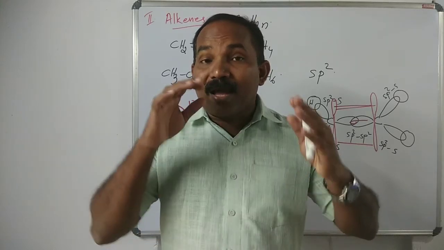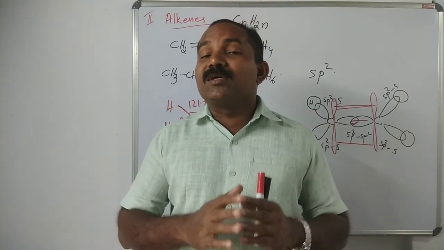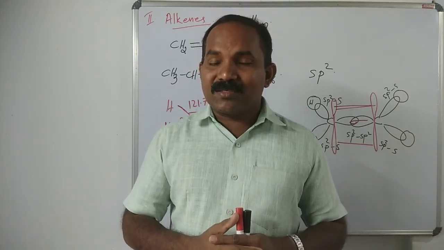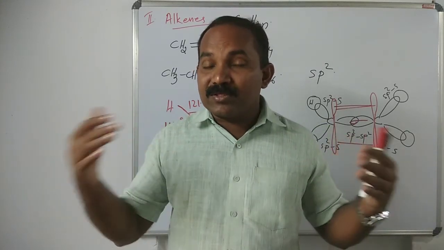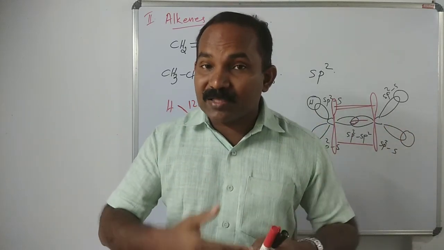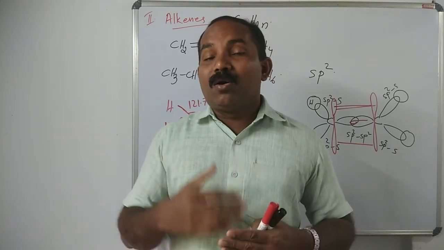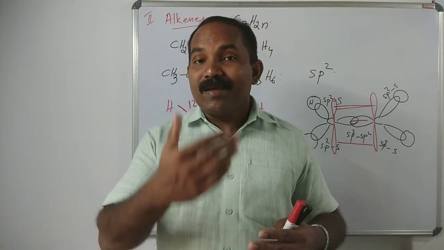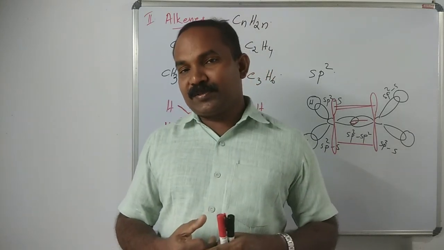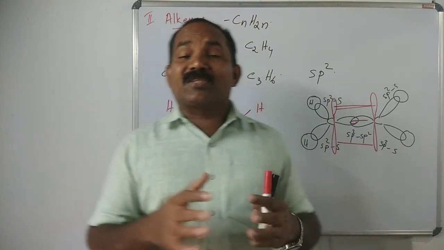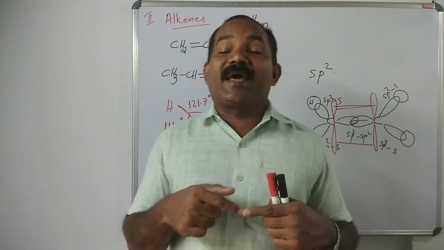In alkene, carbon atoms are sp2 hybridized. An sp2 hybridized carbon atom overlaps with the sp2 hybridized orbital of the other carbon. Also, the sp2 hybridized orbital of carbon overlaps with the s orbital of hydrogen. The structure is trigonal planar.